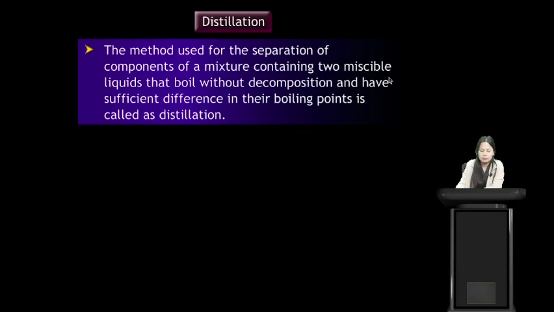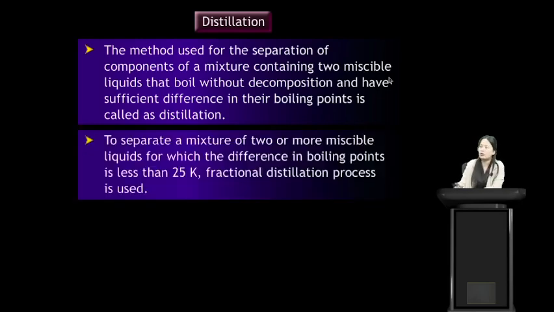The method used for separation of components of a mixture containing two miscible liquids that boil without decomposition and have a sufficient difference in their boiling points is called distillation.